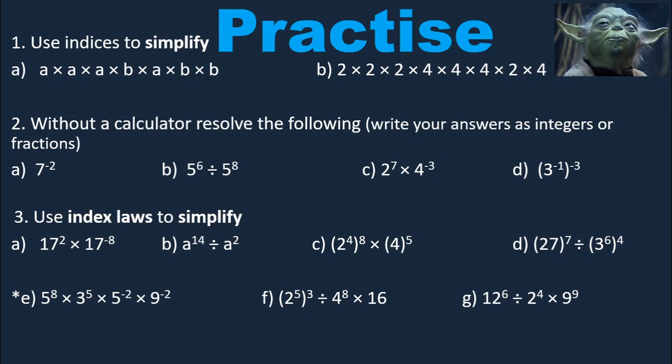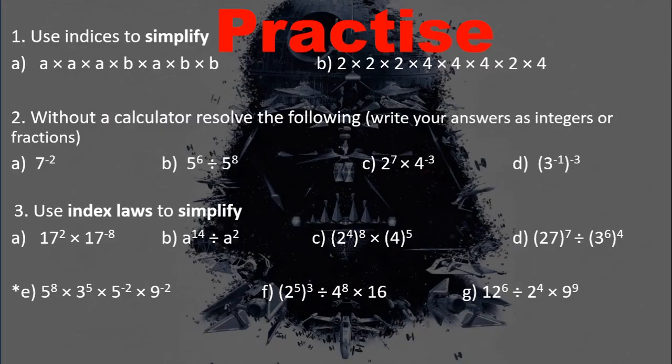I hope you had a chance to hit pause, because here come your answers. Ooh, how did we do? For question 1, we've got 4 A's multiplied together and 3 B's multiplied together. We can't group those, but we can write them together, A to the power of 4, B to the power of 3.